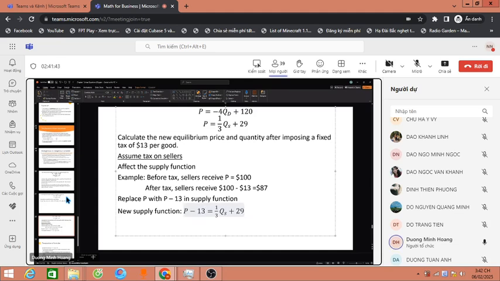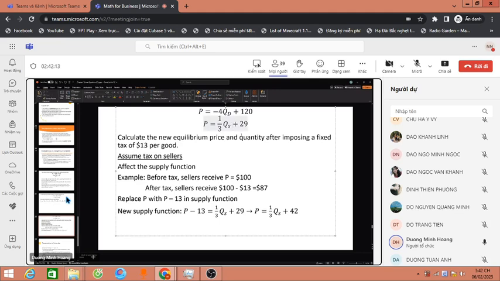Replace P with P minus 13. This equals plus 42. So this is our new supply function. Note that this is it: replace P with P minus 13.